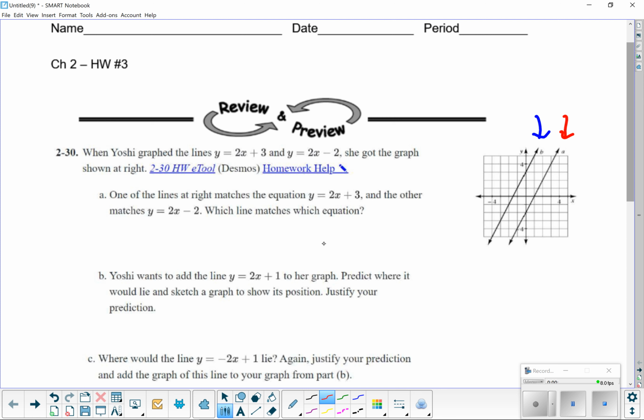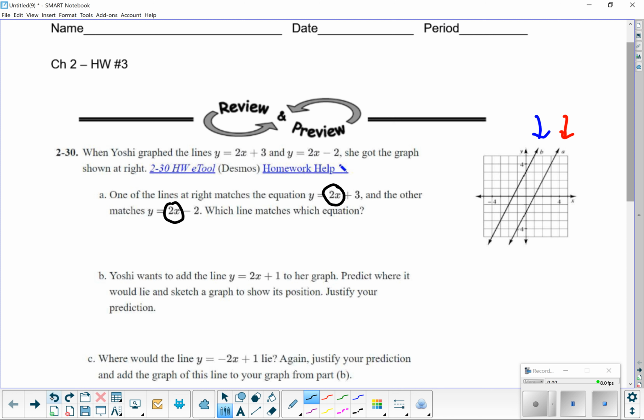If you notice that they're both 2x, which means that they both have a slope of up 2 and over 1. So the only thing we really need to look at is where it crosses the y-axis, or this line right here.